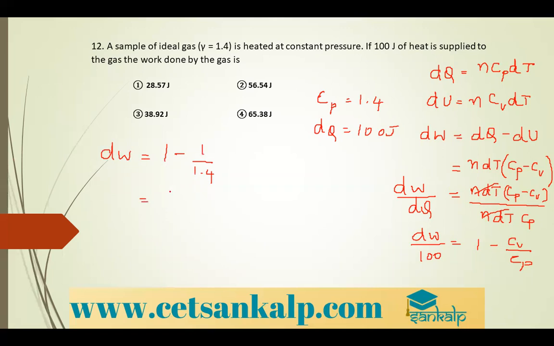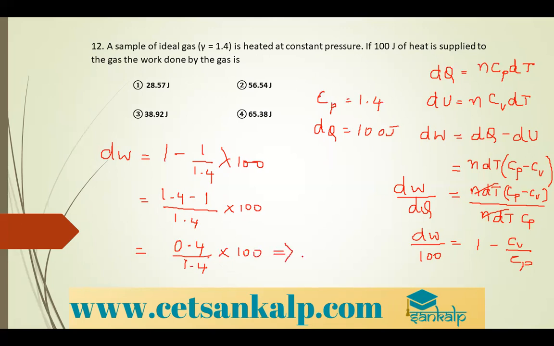Okay, so this is 1.4 minus 1 divided by 1.4 into 100. So again it becomes 0.4 divided by 1.4 into 100.